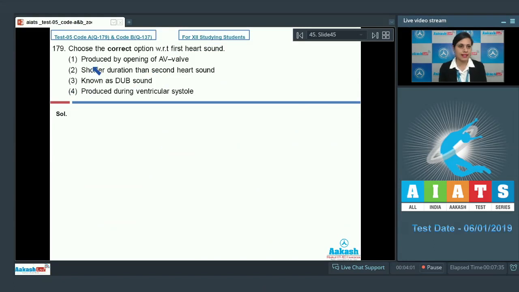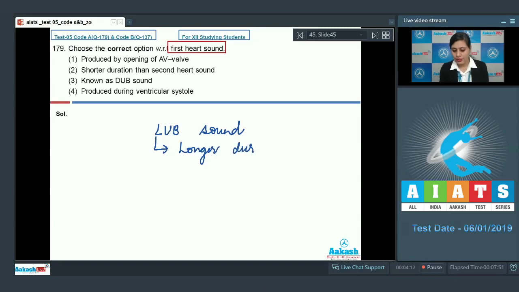Question number 179. Choose the correct option with respect to first heart sound. And first heart sound is what? First heart sound is lub sound. It is of longer duration than second heart sound and of lower frequency than second heart sound.